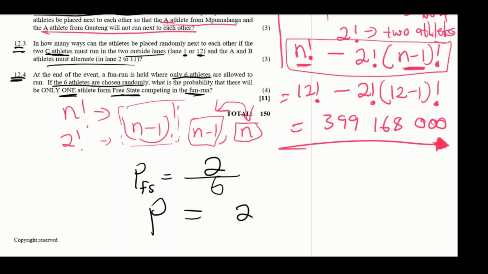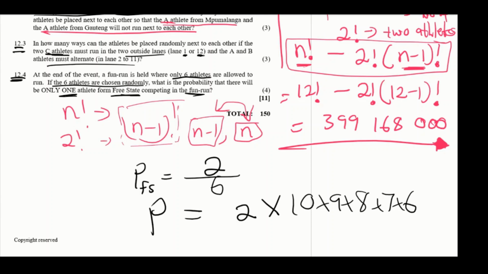So the 2 represents those 2 athletes from the Free State multiplied by the factorial of 10. So it's going to be 10 times 9 times 8 times 7 times 6. So what does this mean?